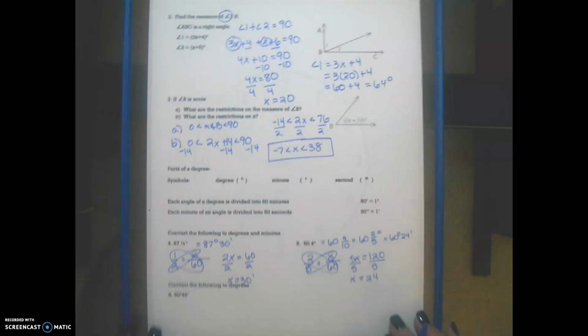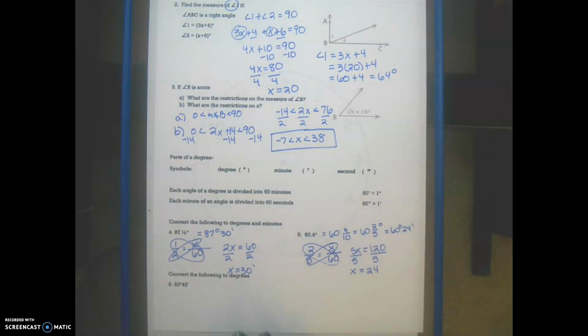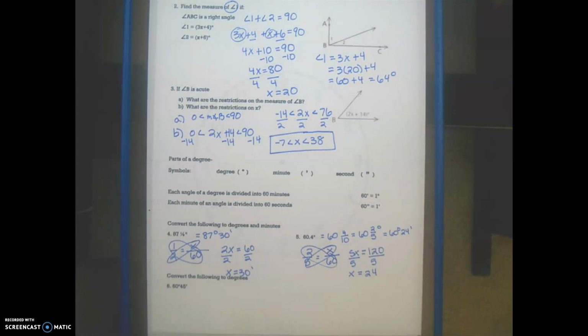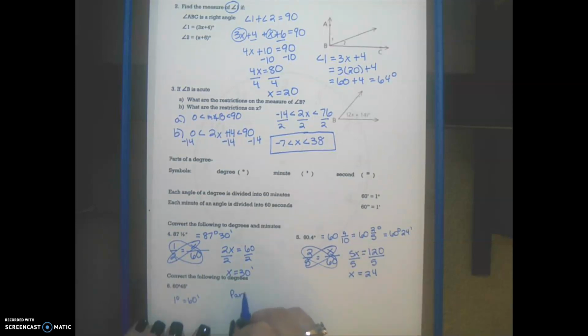All right, last one for today. I'm now converting from degrees and minutes back to degrees. So 60 degrees is already in degrees, but this 45 minutes is what I need to convert. Well, I know that 1 whole degree is equal to 60 minutes. So if I want this as a fraction, I need my part over my whole.